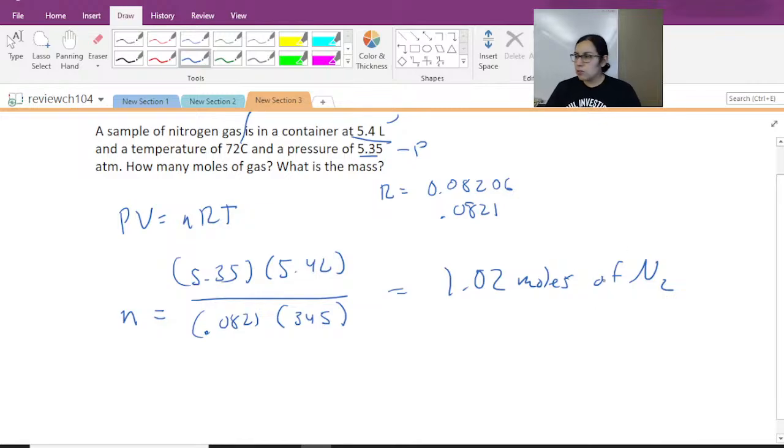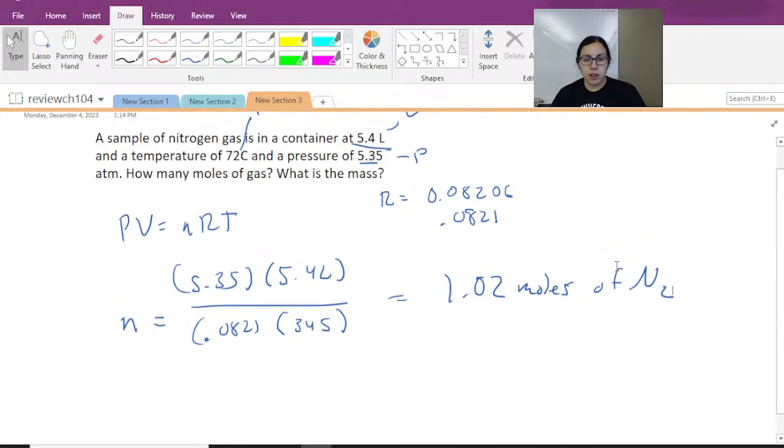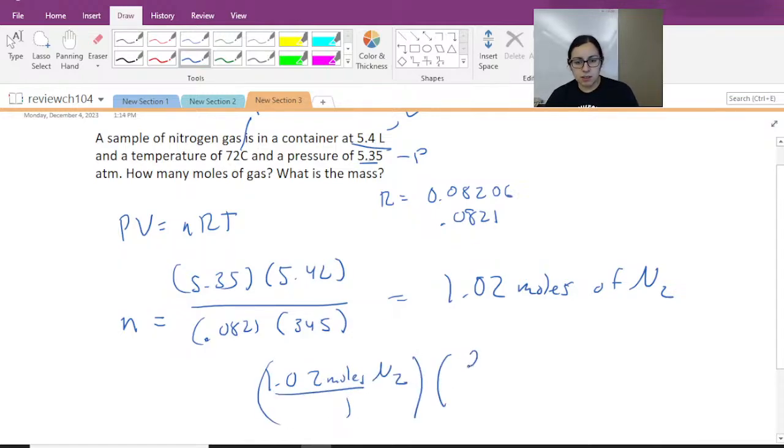So what do we have to do to go from moles to mass? Yeah, multiply by our molecular weight. So 28 for nitrogen. So moles of N2, we'll go to mass. So 28 grams per mole.